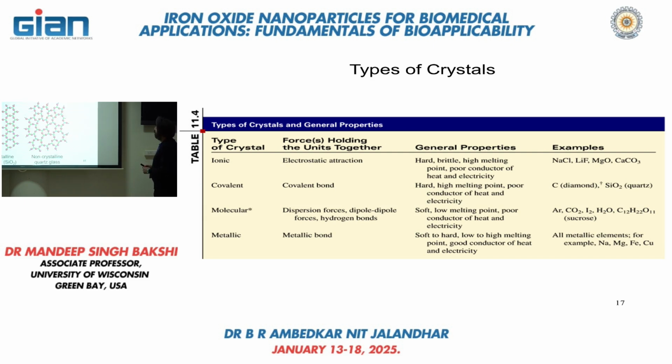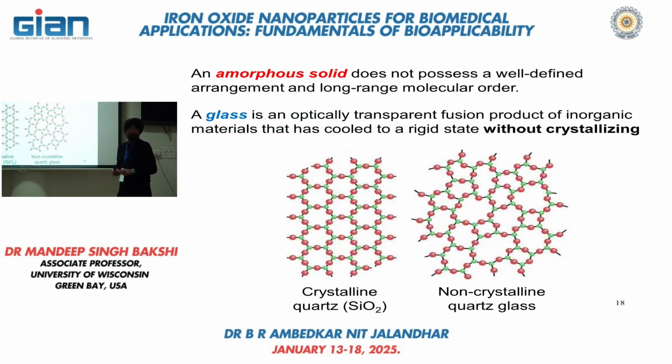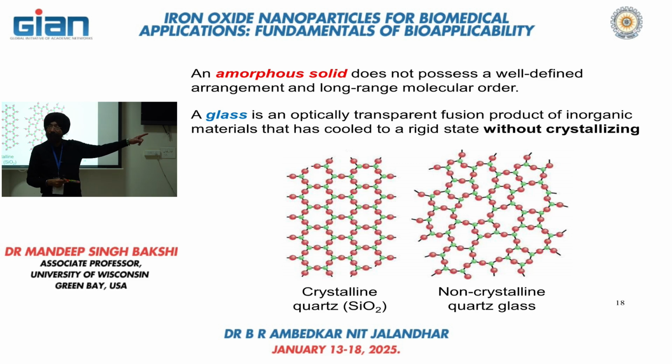I'll take another few minutes. Glass is also one example. It is not the condition that if light runs through a solid substance, it could be a crystal. Light can run through window glass, but window glass is not a crystal. It is amorphous, right?